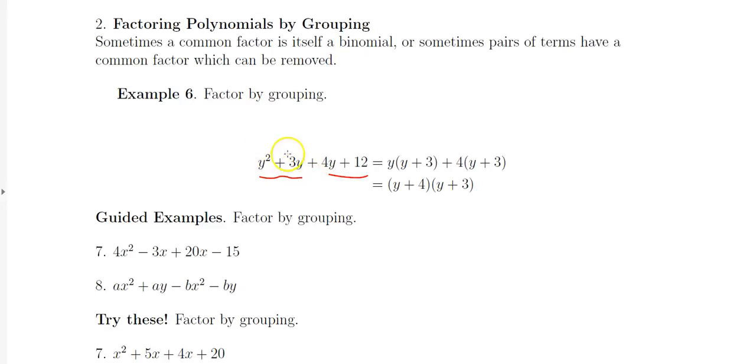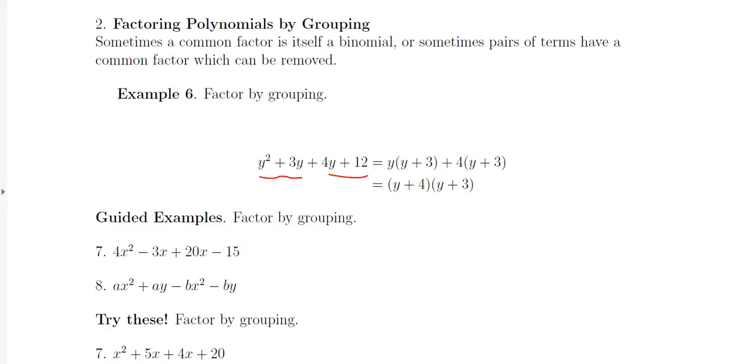And from the first two terms we see that there's a common factor of y, and that gives us y times y plus 3. And in the second two terms we have a common factor of 4, and 4 is multiplied by y plus 3. So we see that y plus 3 is a common factor that's multiplied by y and by 4. So we have y plus 4 times y plus 3.